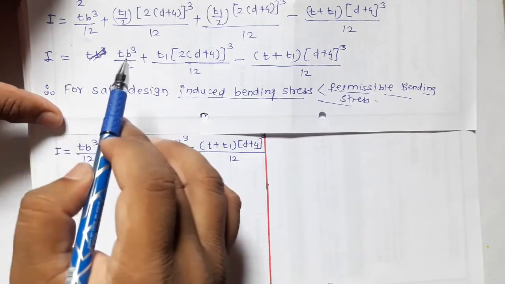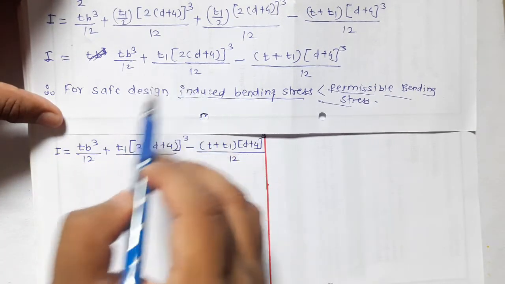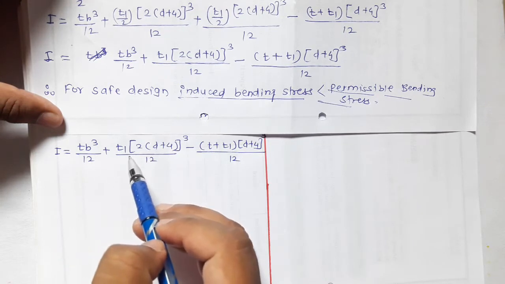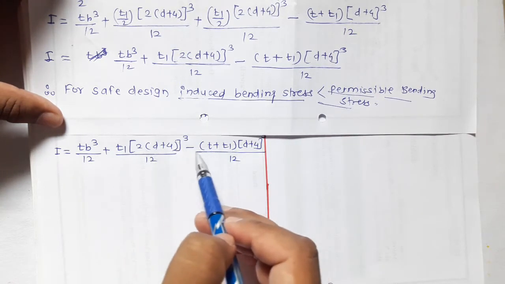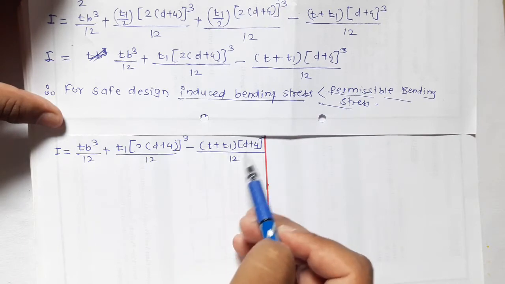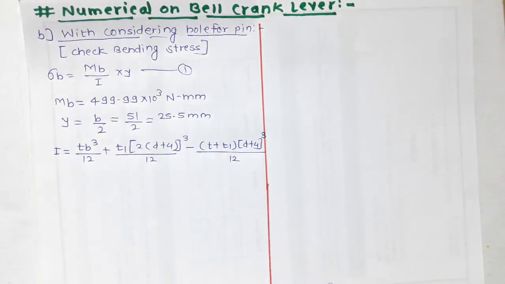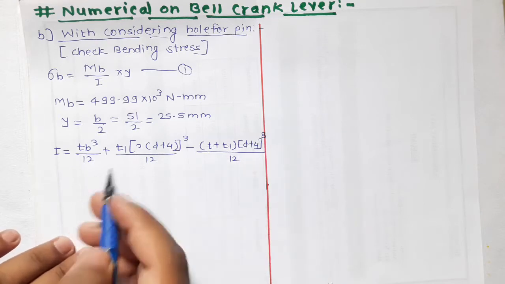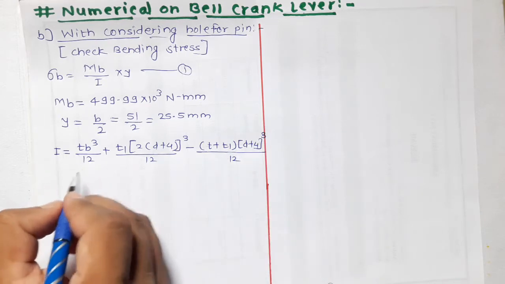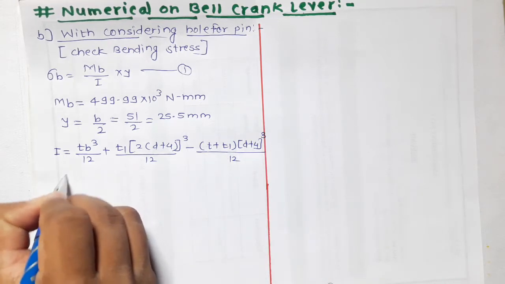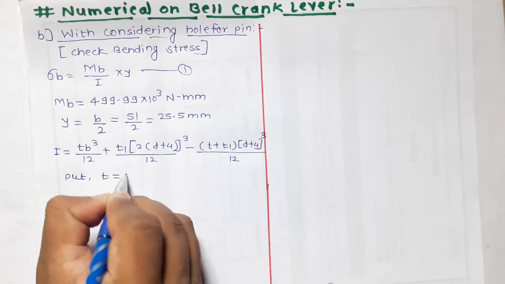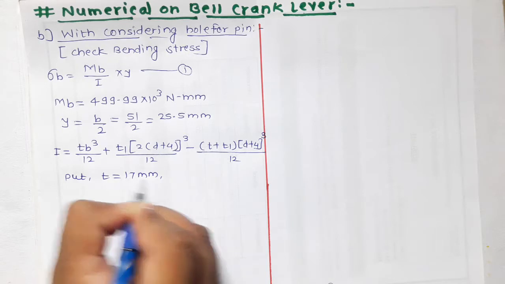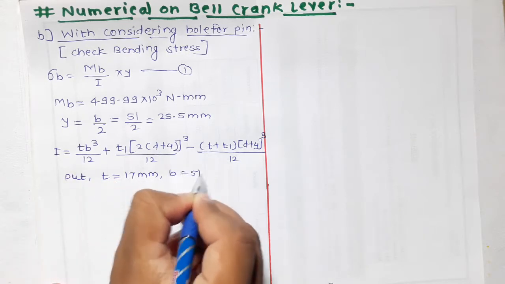So this is the equation that we have derived during the design procedure, that is t b cube upon 12 plus t1 into bracket 2d plus 4 bracket cube upon 12 minus t plus t1 into bracket d plus 4 upon 4 raised to cube. Okay, so in this equation we know all the values, so let us put t is equal to 17 mm, then b is equal to 51 mm.